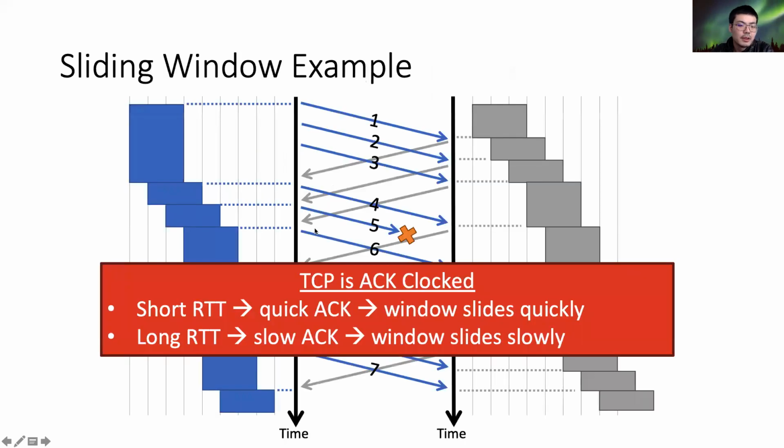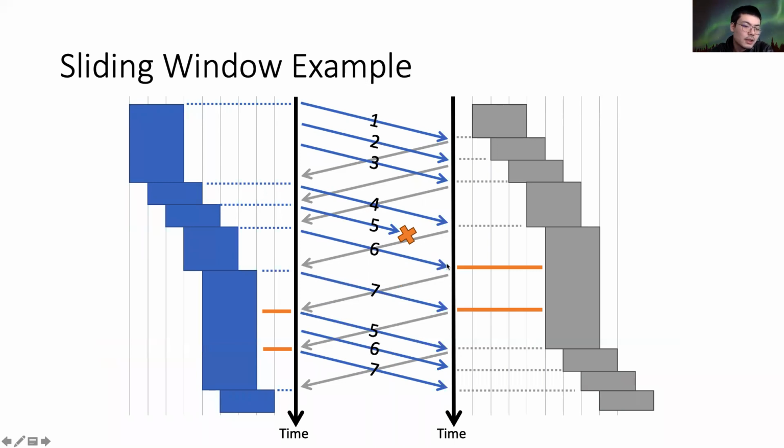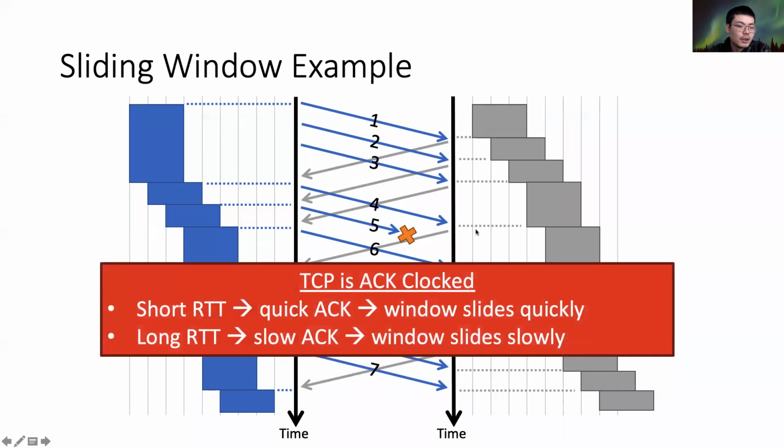For example, 1, 2, 3, 4 are received, but 5 is not received. So when you acknowledge 7, you're still saying, hey, 5 is not acknowledged. Even though 7 is received, your window stops, because the beginning of the window is not 5. So you can still just acknowledge 4.